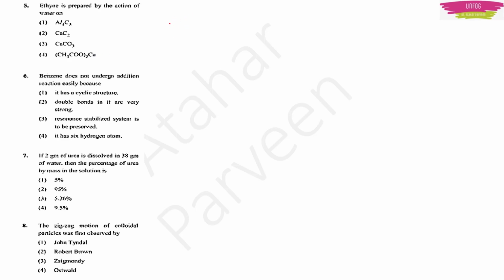Now we are reacting water with a compound named calcium carbide, or CaC2, which on reaction will give us ethyne, which is CH triple bond CH, plus calcium hydroxide, Ca(OH)2, which is calcium hydroxide.